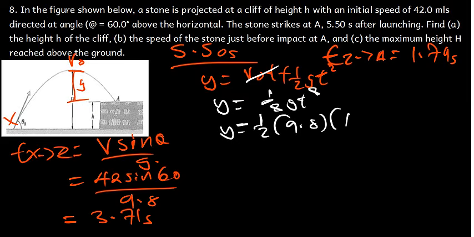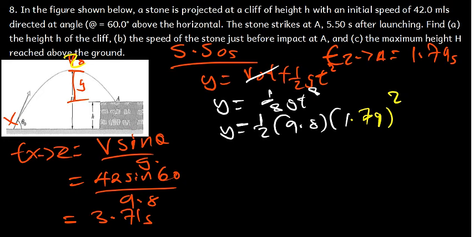So we're going to have 0.5 times 9.8 times 1.79 squared. So I'm getting my y to be 15.7 meters. That is the distance for y.